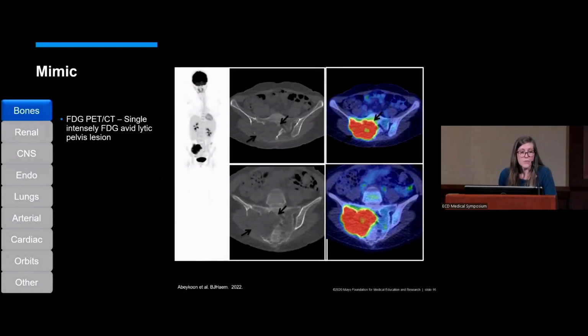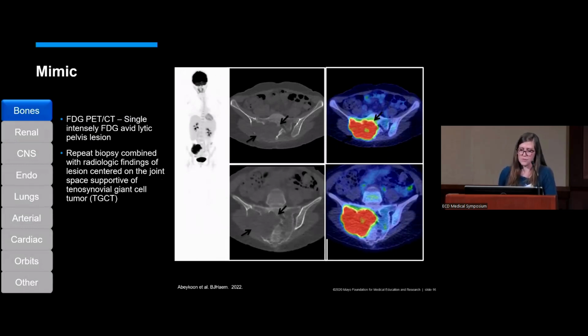She subsequently underwent a whole body PET CT, and this was the only lesion that was identified on her PET CT. It was a lytic lesion, again located in the right sacrum, but it also involved the right iliac bone, so it's centered along the right SI joint. And as you can see, it's pretty intensely FDG avid.